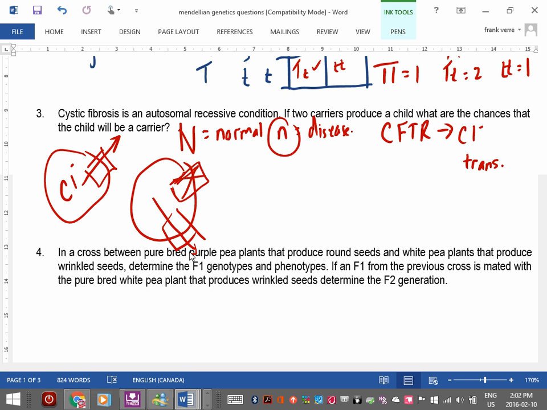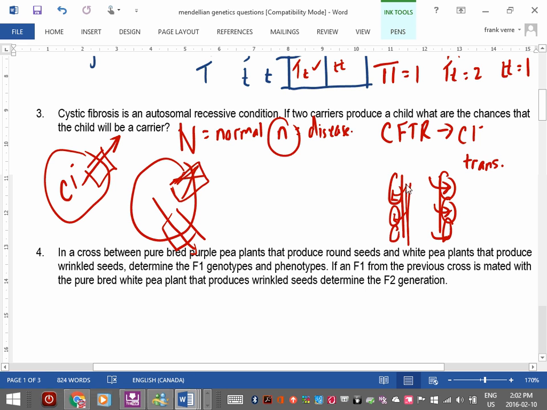What happens in this disease is the cells accumulate salt. If you think of your airway, the cells accumulate salt. I don't know if you remember osmosis, but if you think of this as your airway, and these are the cells that line the airway, because they accumulate salt, they pull water into the cell.